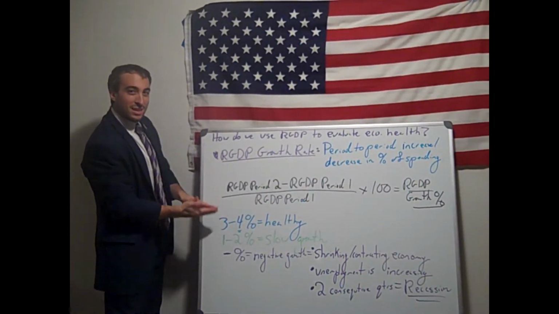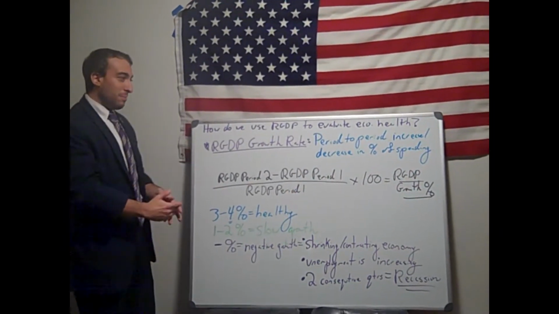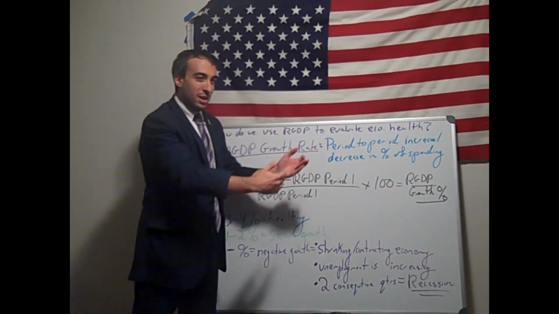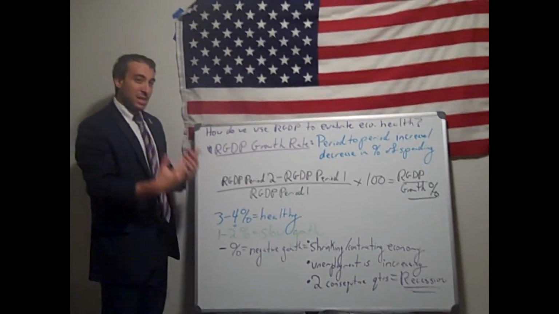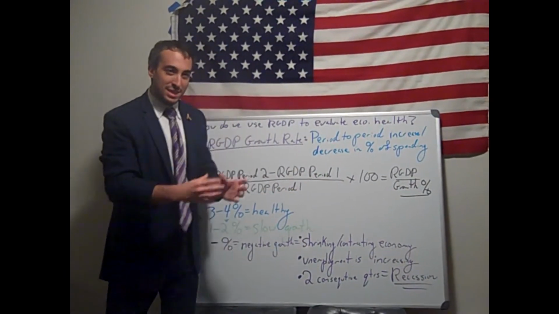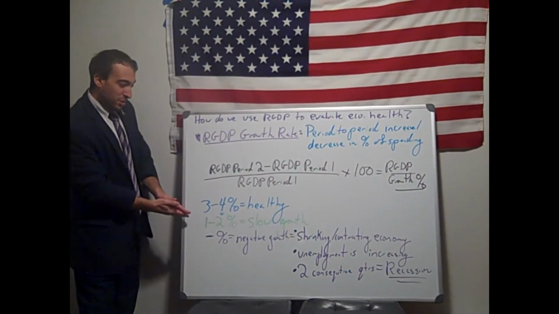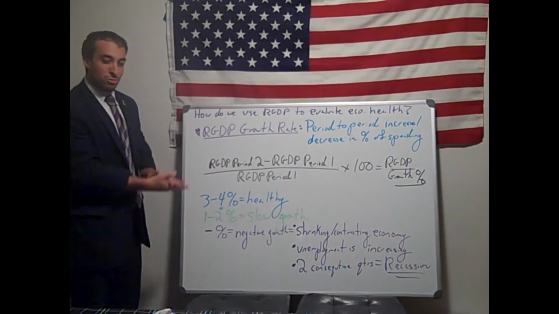3 to 4% is considered a healthy economy. So that means every quarter the US economy is spending 3 to 4% more than it did the previous quarter. 1 to 2% is considered slow growth.